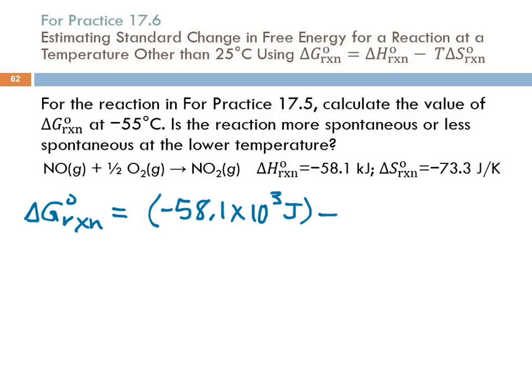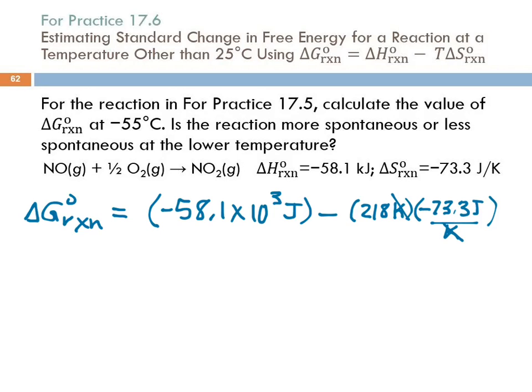Negative 55 Celsius, but we need to put it in Kelvin, 218. So this is 218 Kelvin. I'll put my units in this time. And that's times delta S, which is minus 73.3 joules per Kelvin. So the kelvins cancel out.